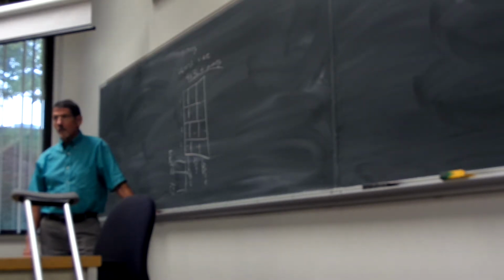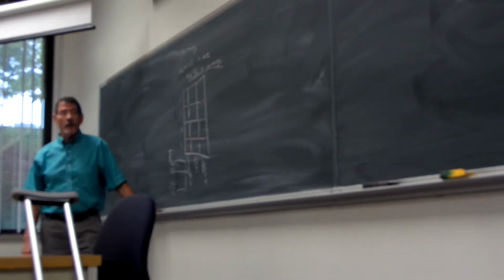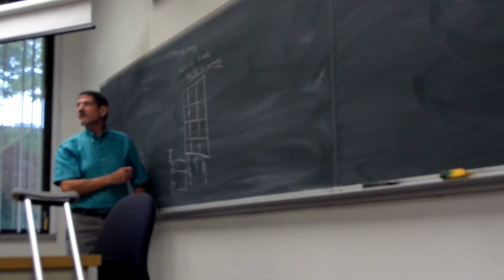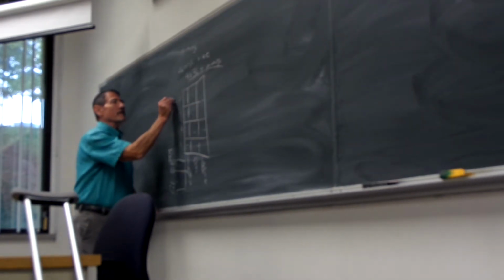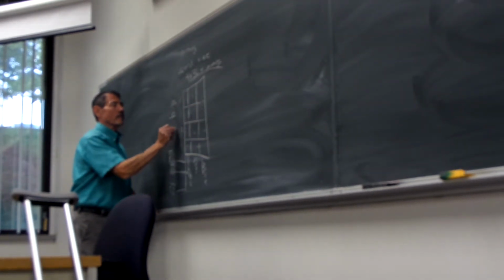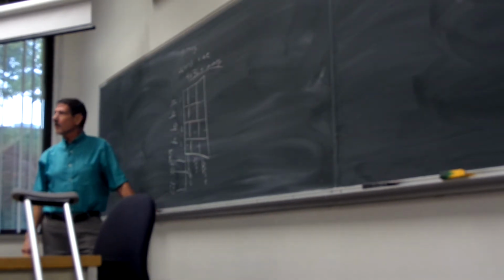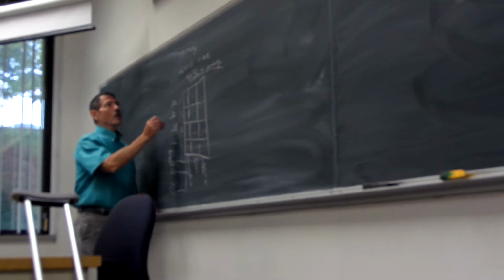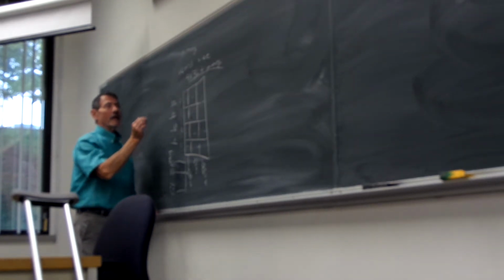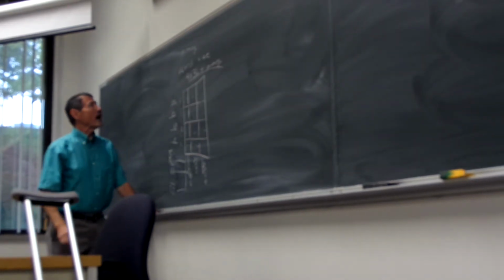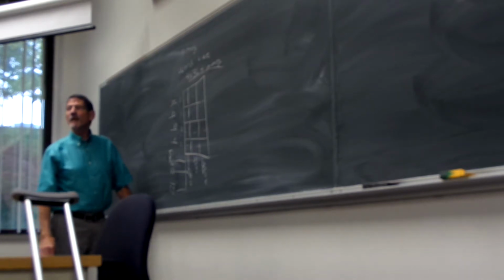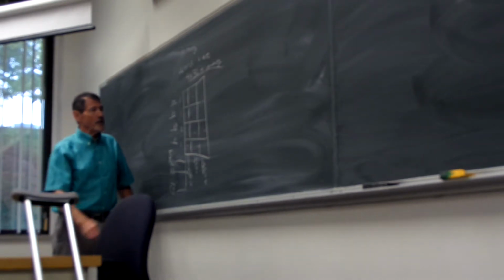Two. 2 to the second is what? 4. Okay. I counted this in decimal. Let me count it like this. Everybody okay with that? So we need to talk about most significant bit and least significant bit.